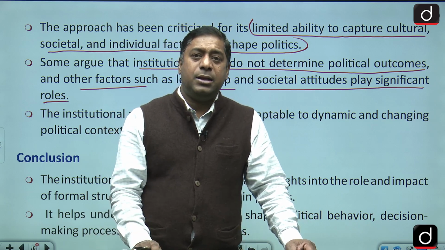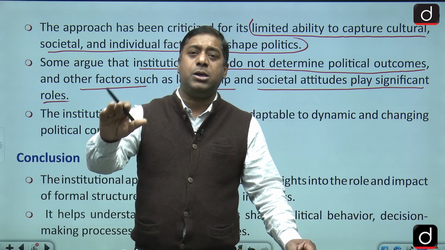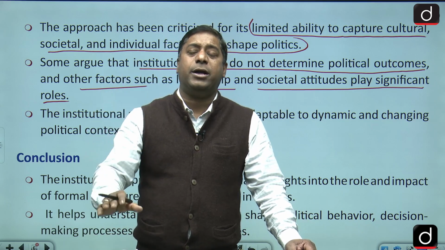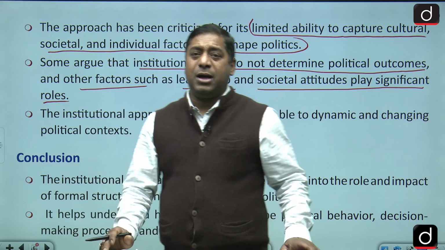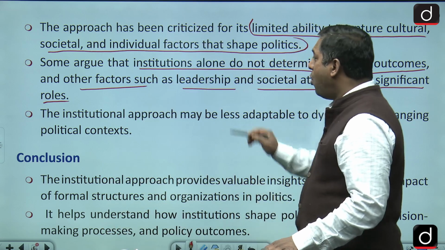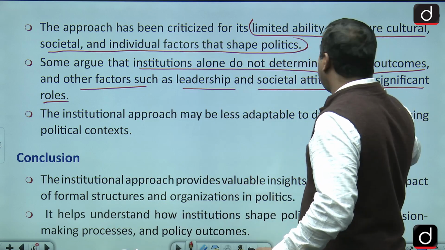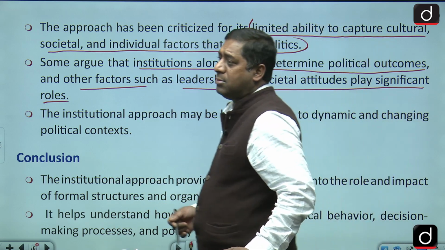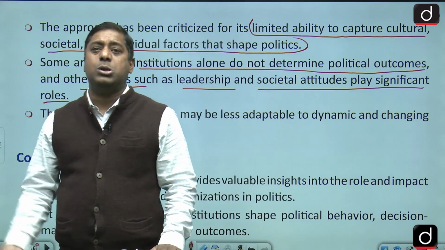They are giving a lot of importance to formal political institutions. But the critics say that institutions alone cannot determine political outcomes. There are other factors also.